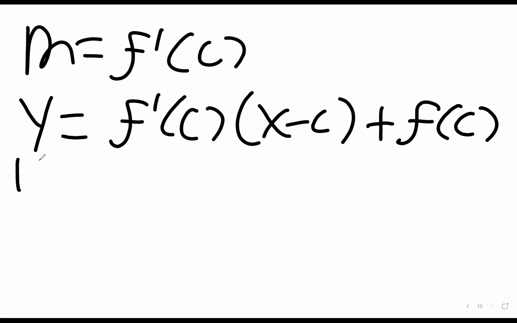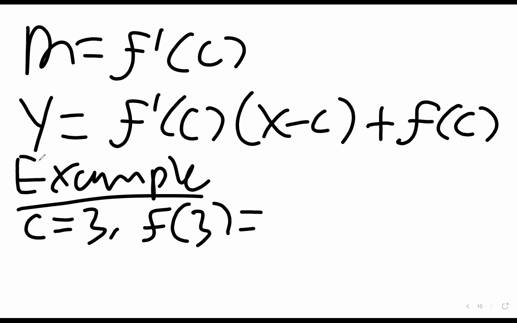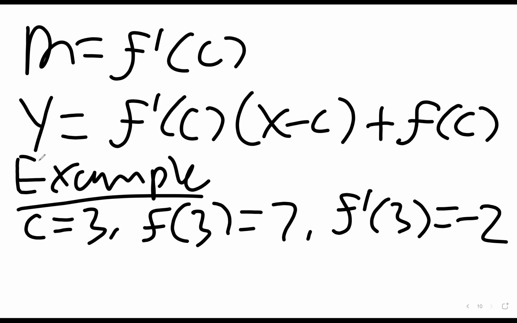Okay, so as an example, let's say the function here is not given by a formula, but the value of c is given, let's say c equals 3, and f(3) is given, let's say equals 7, and f prime of 3 equals -2, for example.